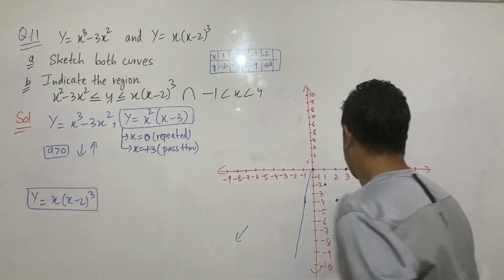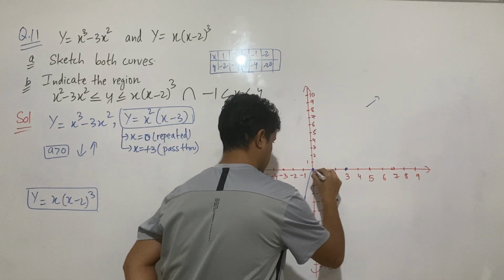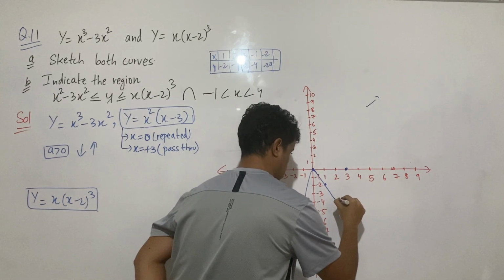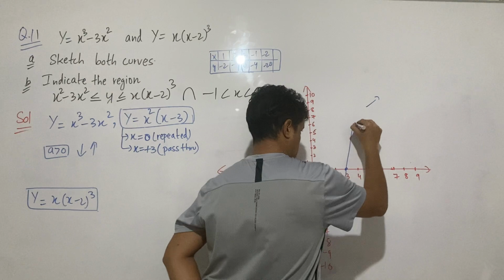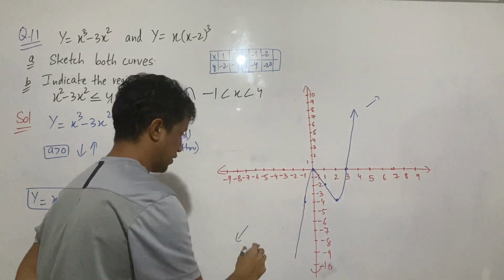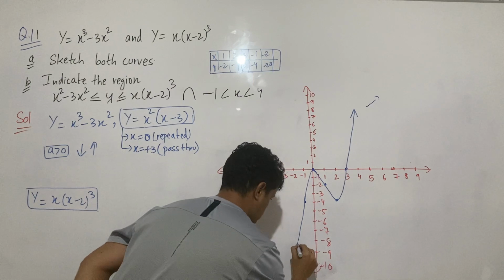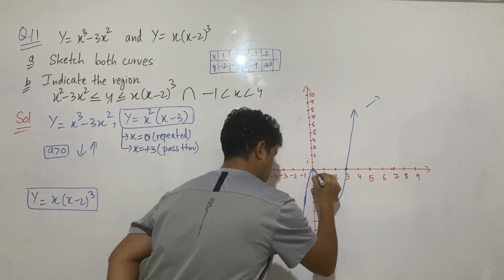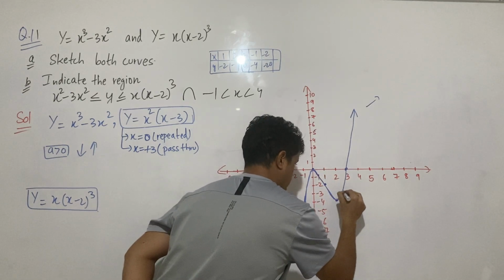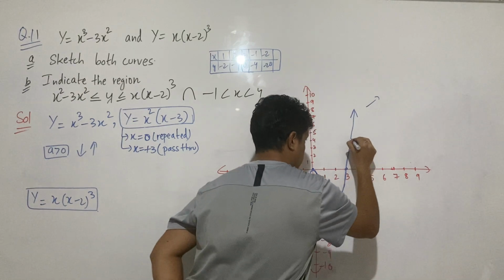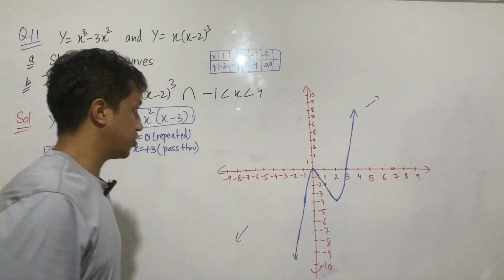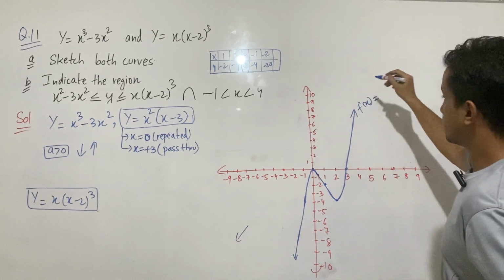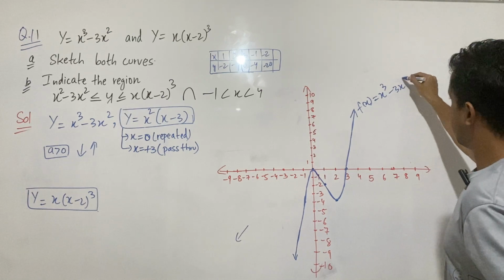So the blue represents the sketch of the cubic polynomial function. This is f(x) equals x cubed minus 3x squared.